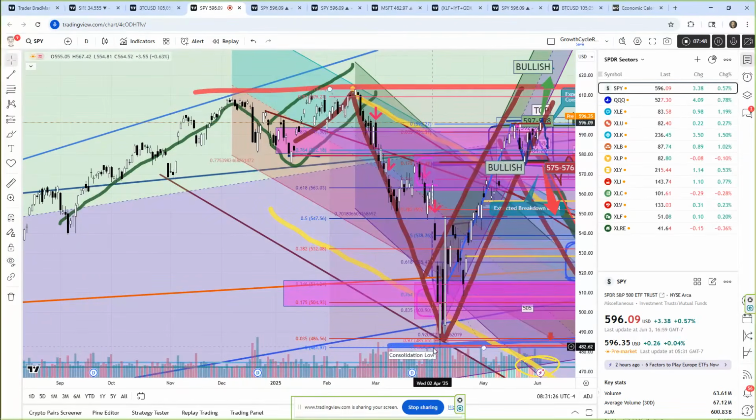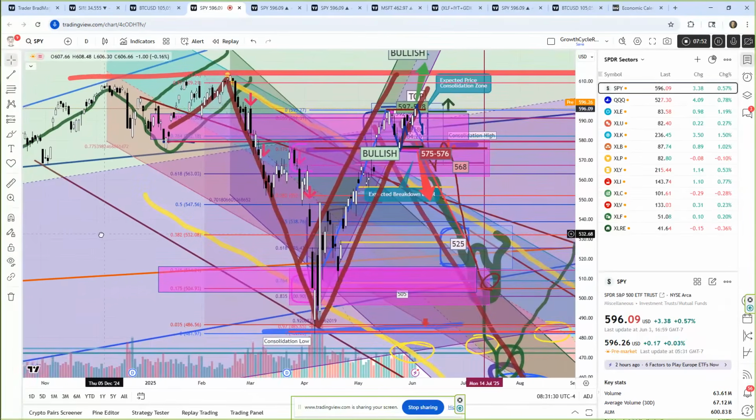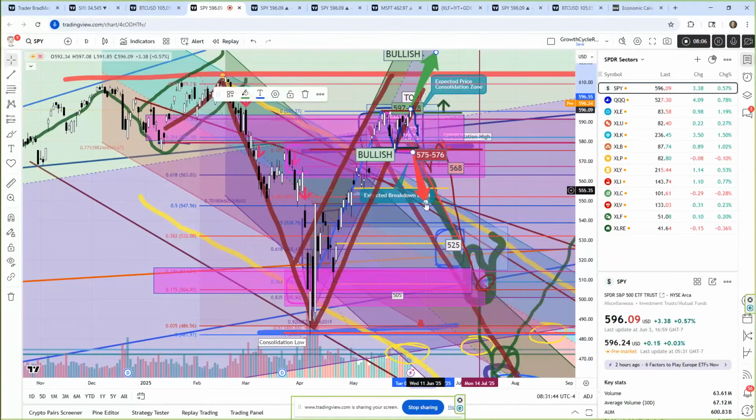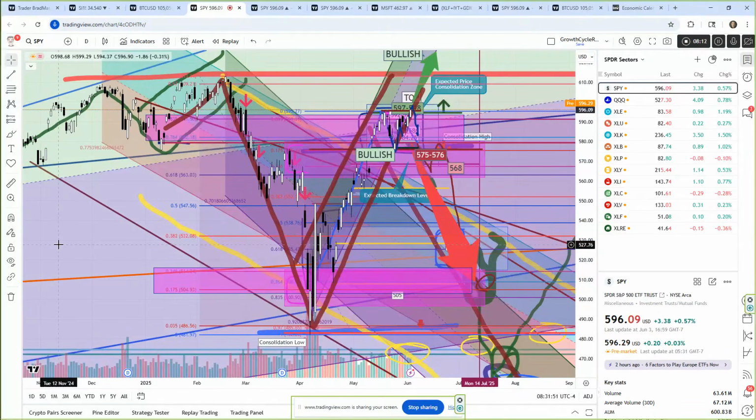And down here at these ultimate lows, which are 482 and change. So until we're out of that window, we're still in this big, broad consolidation phase, and anything can happen. We could rally right on up into this area or higher, setting up a new high, or we could break down all the way into this lower channel, and that would all still be valid as far as Fibonacci price theory.